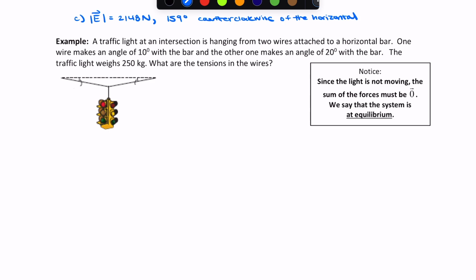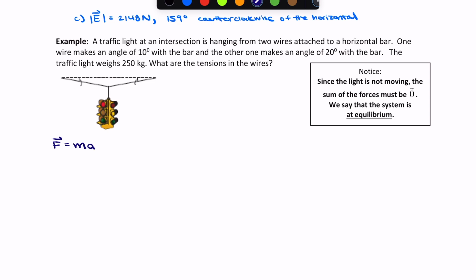Okay, and so just notice here again that since the light is not moving, the sum of the forces must be zero. We say that the system is at equilibrium. So here, again, we have our picture, and we know that our force is equal to our mass times acceleration.